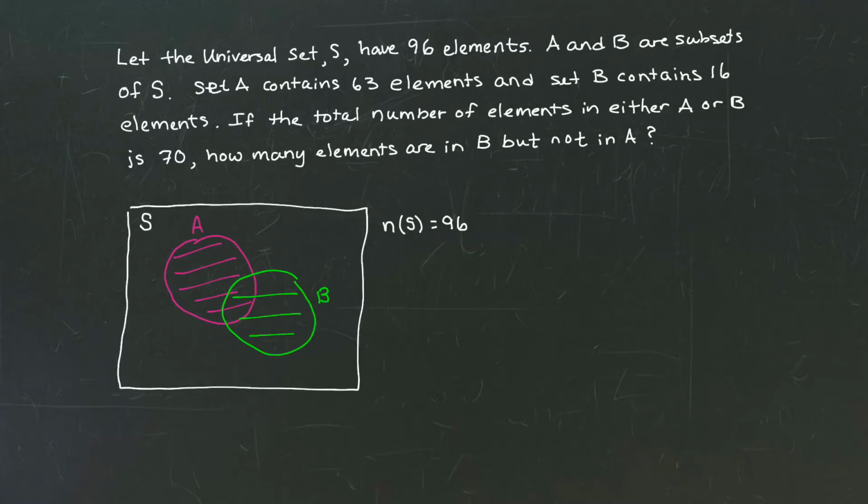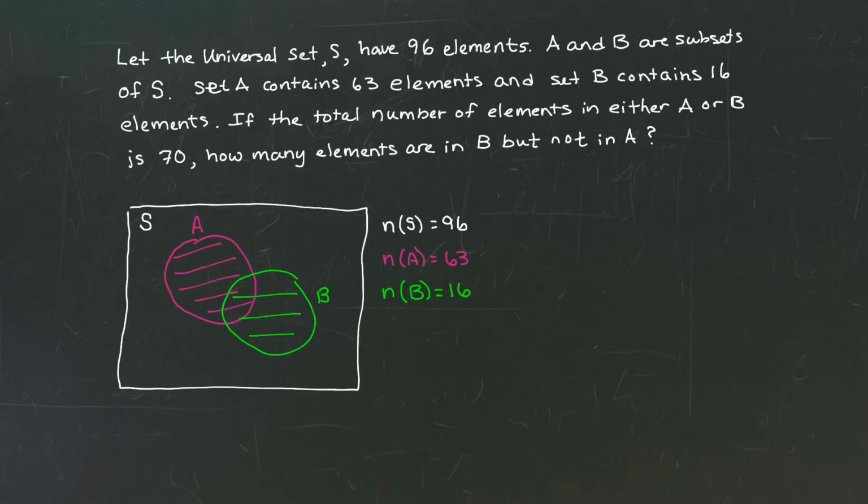Now what do I know about sets A and B? Well, set A has 63 elements, so I'm going to write down that the number of elements in set A is 63. We're also told that set B contains 16 elements, and so I'm going to write down that the number of elements in set B is 16. What else are we told?